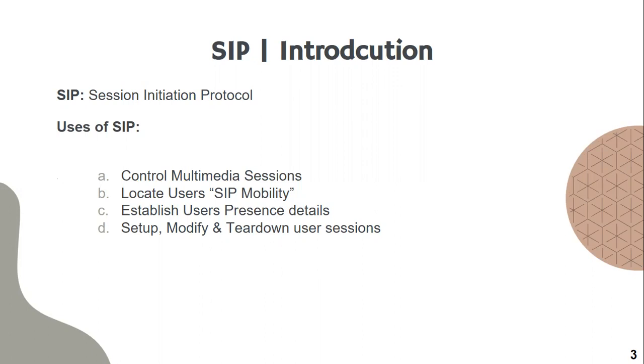Now, if we look at them here, the first thing is that SIP is used to control multimedia sessions. That means when you initiate a call on the IMS network on VoLTE, or you are doing a VoLTE call, who will control this call?